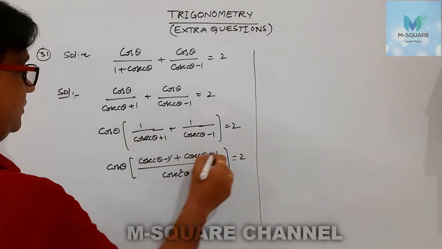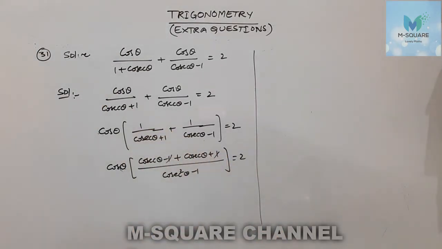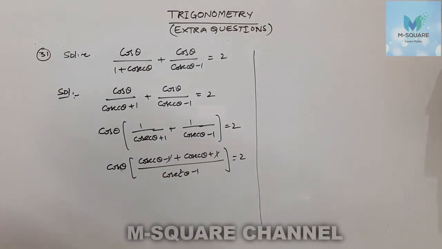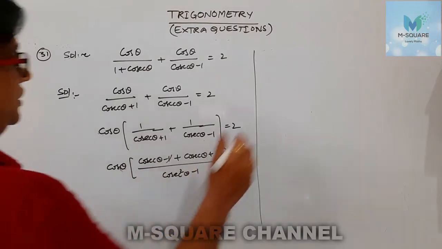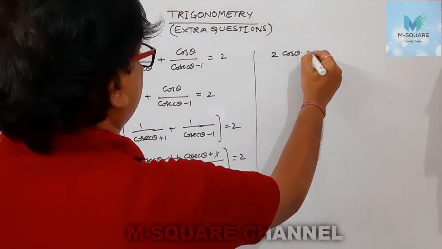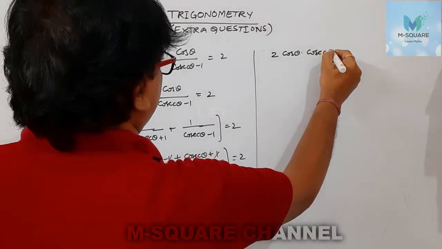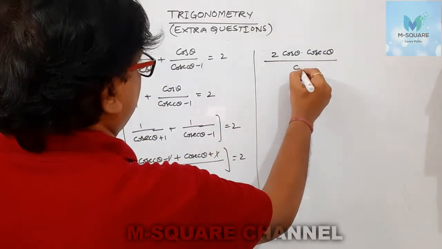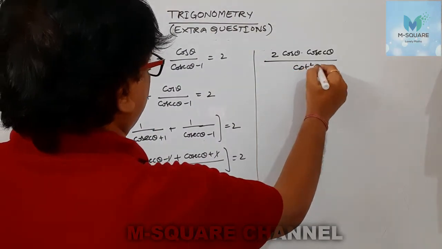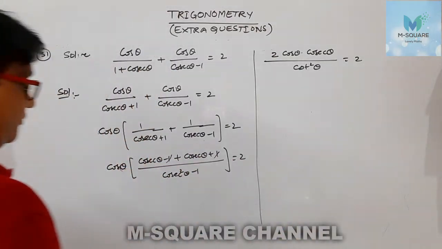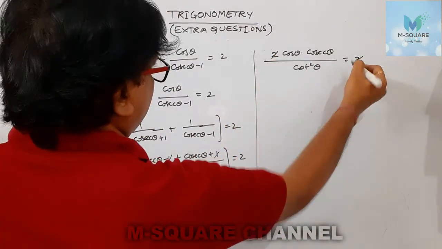Now the 1s will be cancelled. Cosecant square theta minus 1 means cot square theta. Here 2 cosecant theta, so 2 cos theta into cosecant theta by cot square theta equal to 2. These twos will be cancelled.